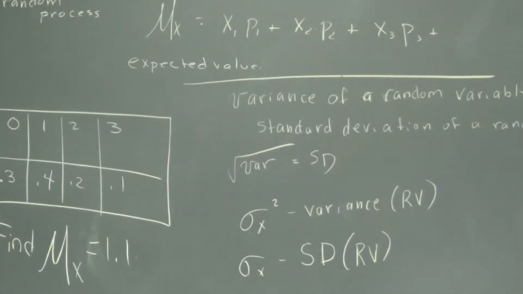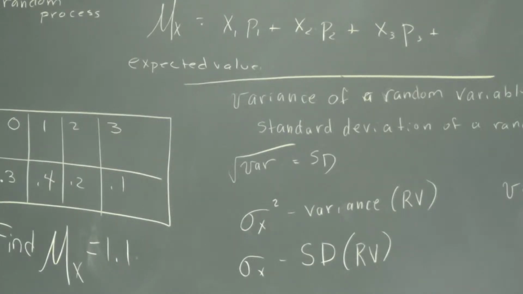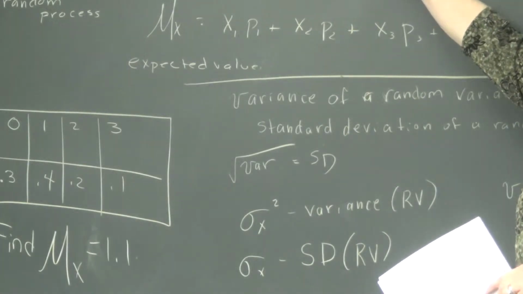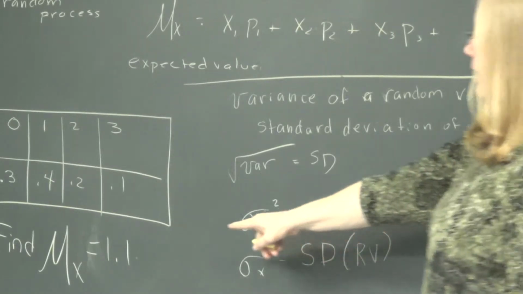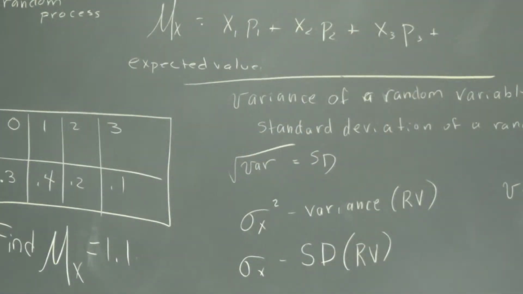Now all I have to do is tell you how to calculate it. It probably won't surprise you because it parallels what we've seen in the past. The variance, how far the data will vary from the mean, is calculated by taking the data, x1, remember there are outcomes in the random variable, so I'm going to take the first one. I'm going to subtract from it the expected value, this value that you calculated, and then I'm going to square it. Does that look familiar?